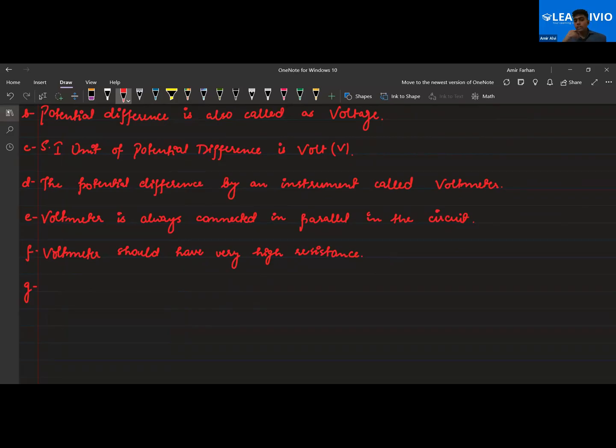Okay. Now let's define what is 1 volt actually in terms of joule and in terms of coulomb. Because work done is joule, charge is coulomb. Sometimes a 2-marker comes in the exam: define 1 volt.